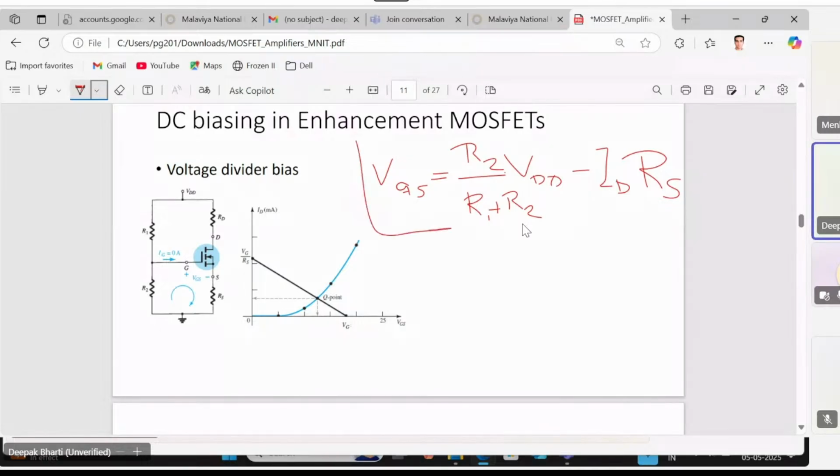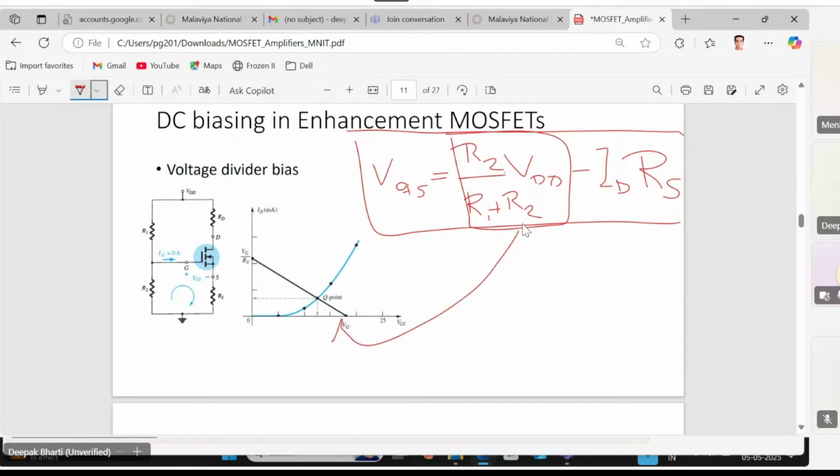And now how can you plot this line on the transfer curve, the ID VGS curve? You can find the x and the y intercept. To find the x intercept, put y to 0, and to find the y intercept, put x to 0. So to find the x intercept, we put ID equal to 0. Then VGS will be equal to this term, which is the x intercept.